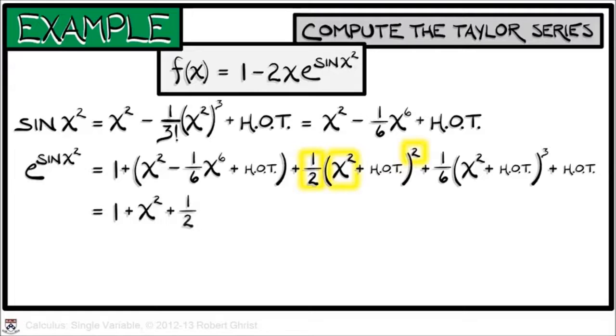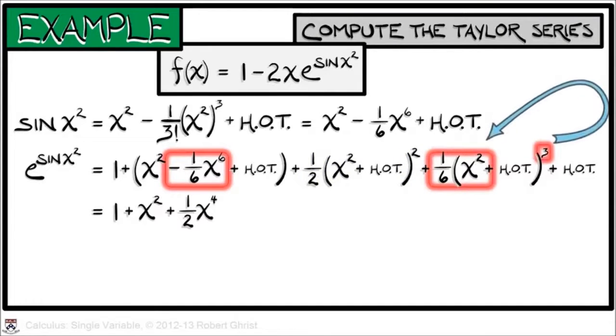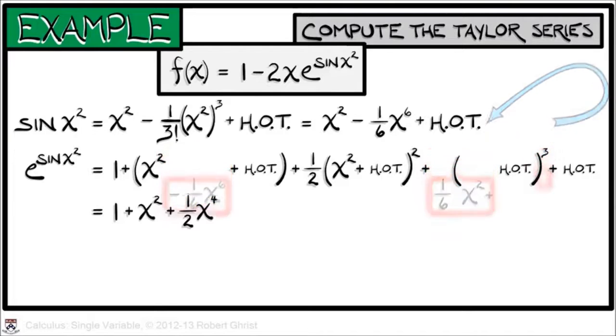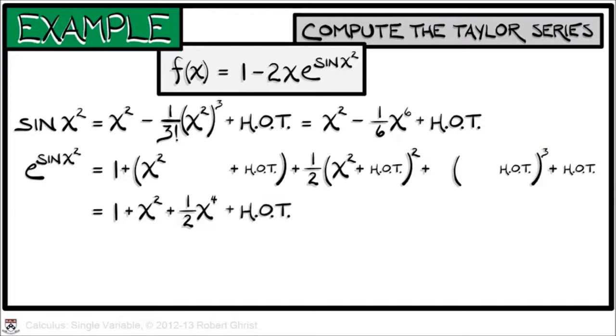Well, yes, there is. 1/2 times x to the 4th. In the 6th degree terms, there are 2 of them, but notice that the coefficients balance each other out. And so the coefficient of the 6th order term is 0. We are left with a Taylor series of 1 plus x squared plus x to the 4th over 2 plus higher order terms.